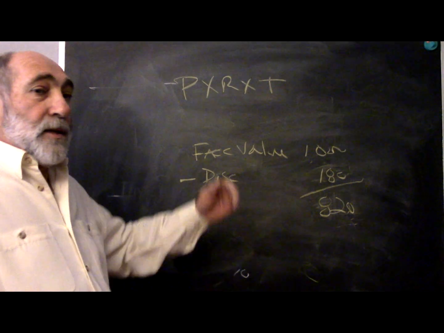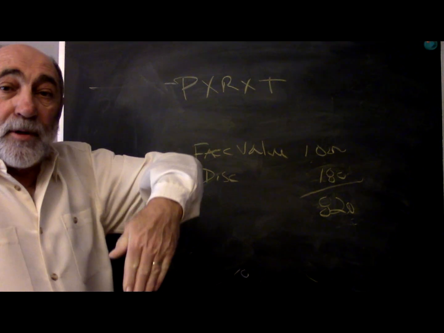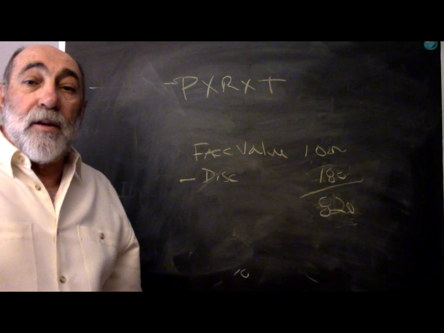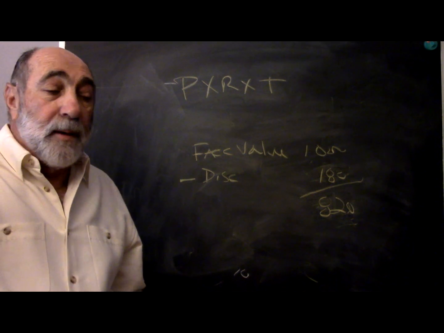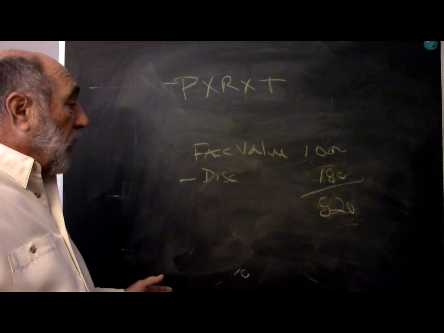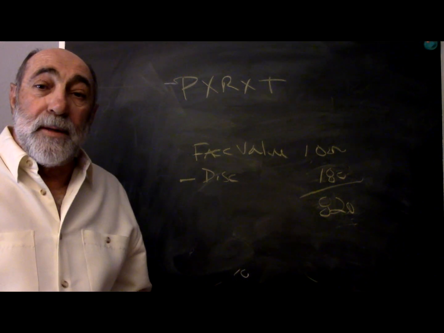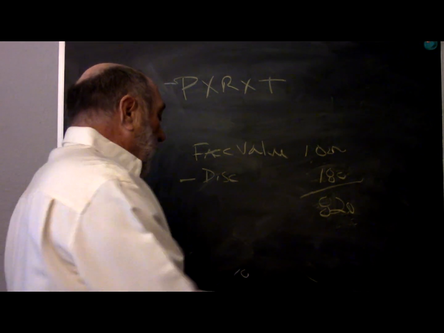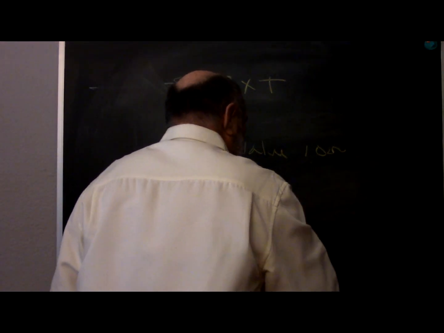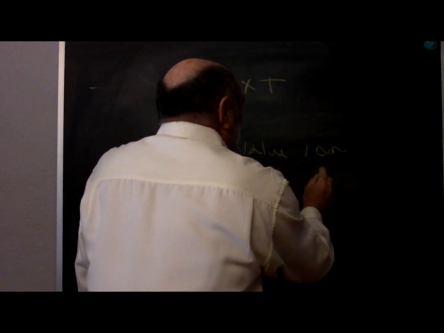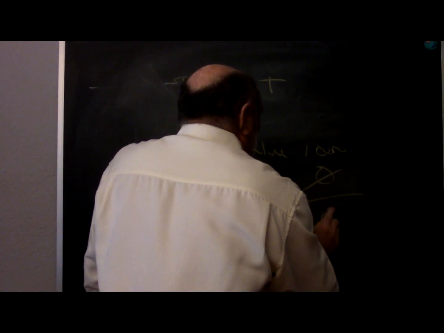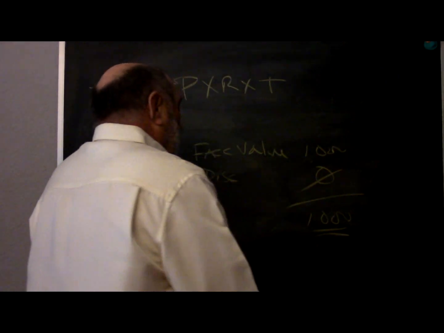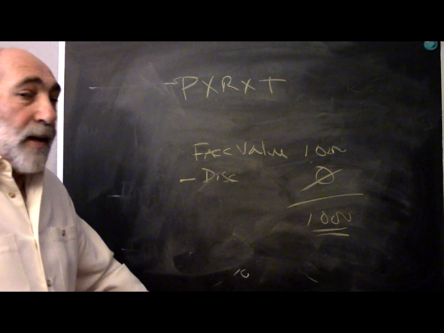So my discount is coming down, I'm amortizing it, and the carrying value of my bond is going up. What's going to happen at the end of 20 years? We said it was a 20-year bond. At the end of 20 years, there will be no discount, that's going to be 0, and my bond's going to be at $1,000.